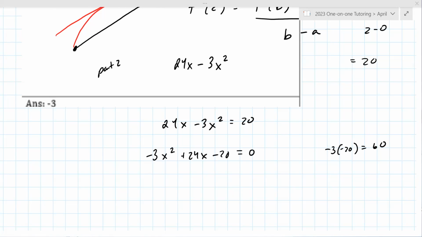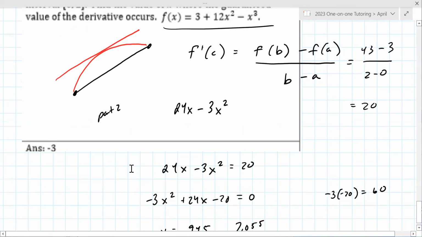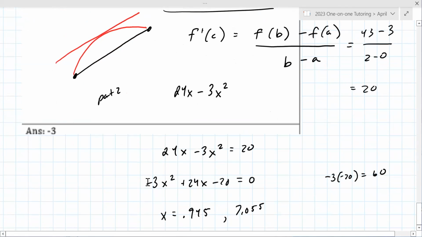Okay, so the answer would be 0.9445. So yeah, there's actually two answers, right? There's 0.945 and 7.055. The problem is they're not both correct. They have to be in this interval. So only one of them is correct.